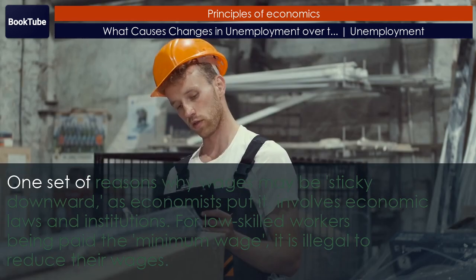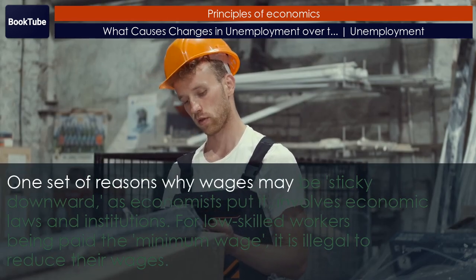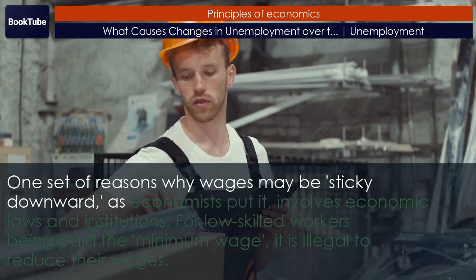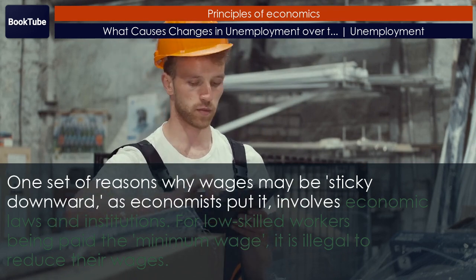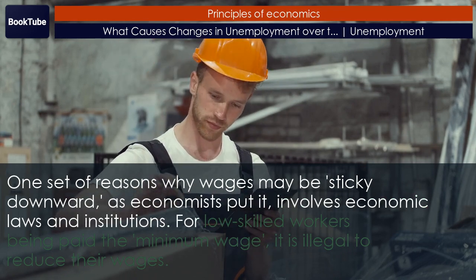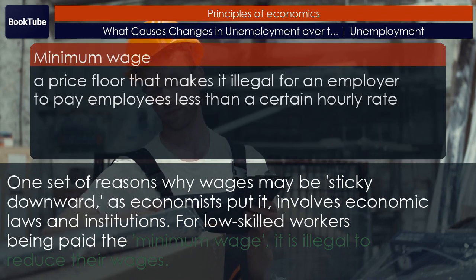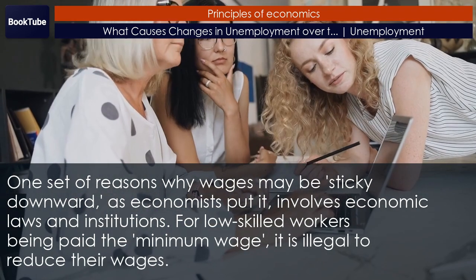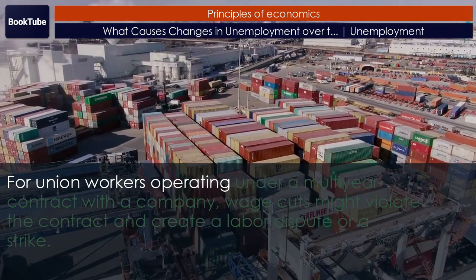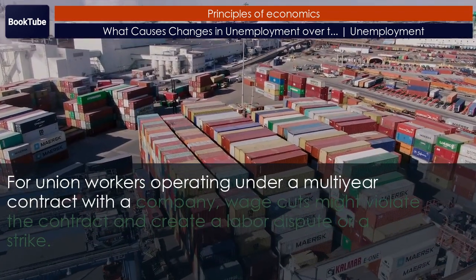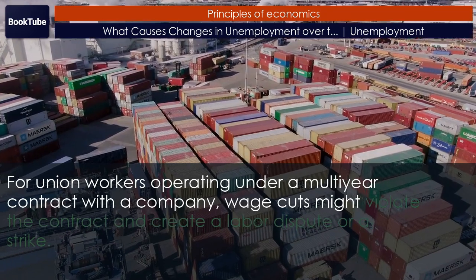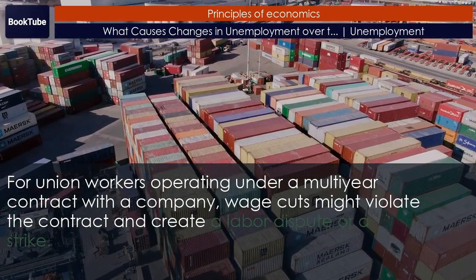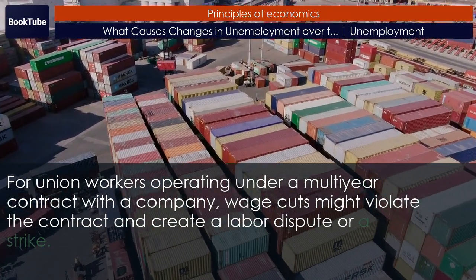One set of reasons why wages may be sticky downward, as economists put it, involves economic laws and institutions. For low-skilled workers being paid the minimum wage, it is illegal to reduce their wages. For union workers operating under a multi-year contract with a company, wage cuts might violate the contract and create a labor dispute or a strike.